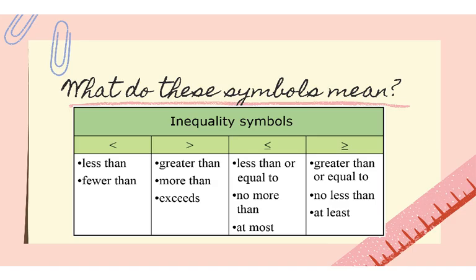As you will recall, we have several different symbols when we're looking at inequalities. We have a less than symbol, meaning fewer. Greater than symbol, which means greater than, more than, or exceeds. Less than or equal to, which means no more than that, or at most.